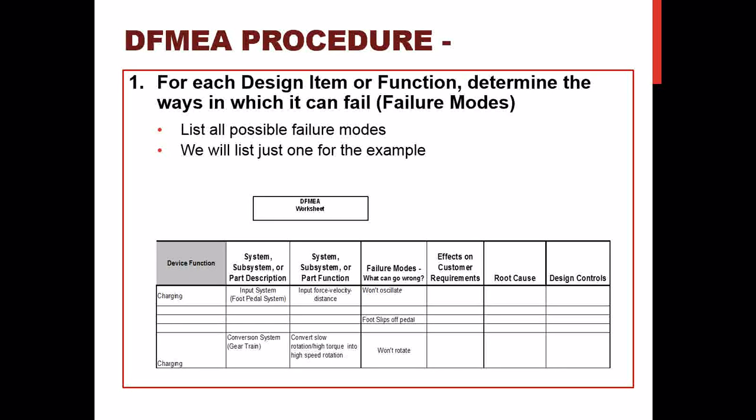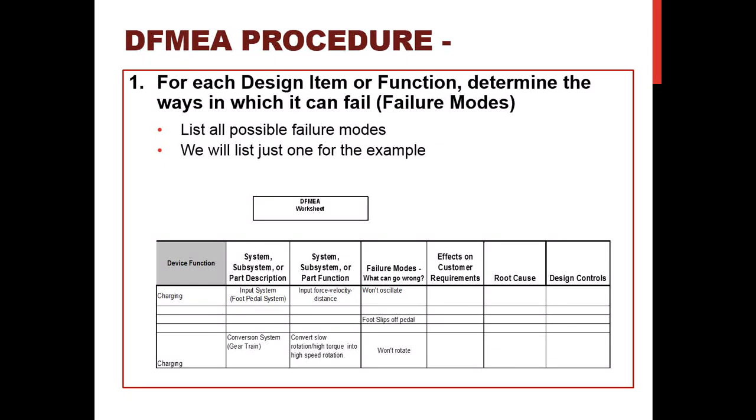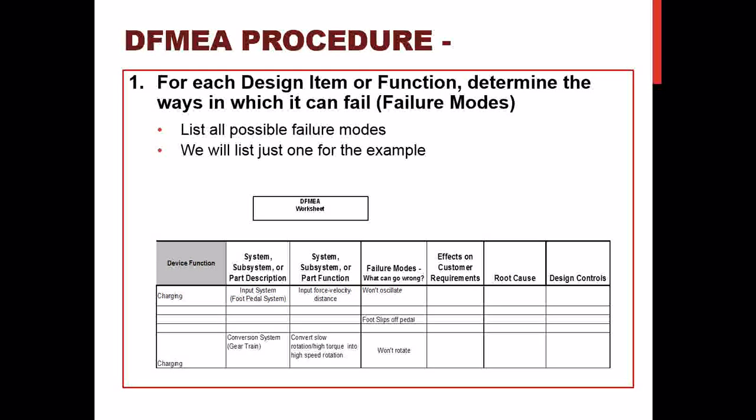Reason for that is today in the corporate environment, companies don't like to see 10s in their design FMEAs, and oftentimes when design FMEAs have 10s in them, they're going to be reviewed by the safety committee and the CEO is going to sign off on it. So you're going to find as an engineer, you're probably going to get a lot of pressure about eliminating 10s out of your product.